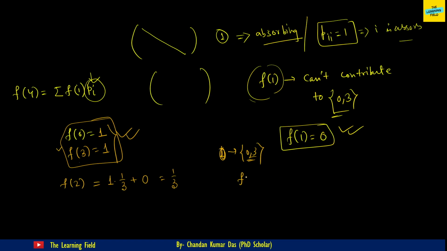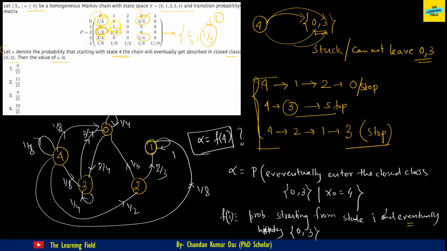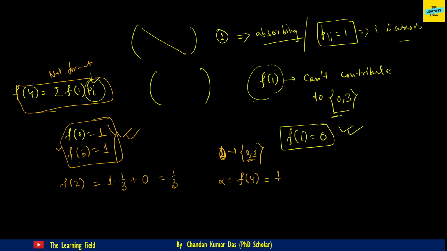Now we have to find f4, that is equal to alpha. So f4 means we have to find f1 into that probability. I just say this is not the formula, I just want you to understand clearly, okay? Now we come to the next row: 4 to 0 with 1 by 8 probability, and the f0 value is 1, because this gives complete contribution.